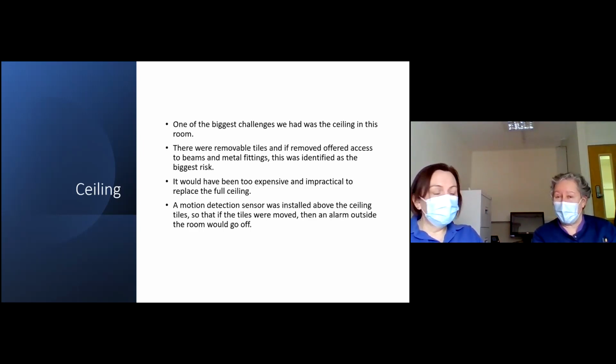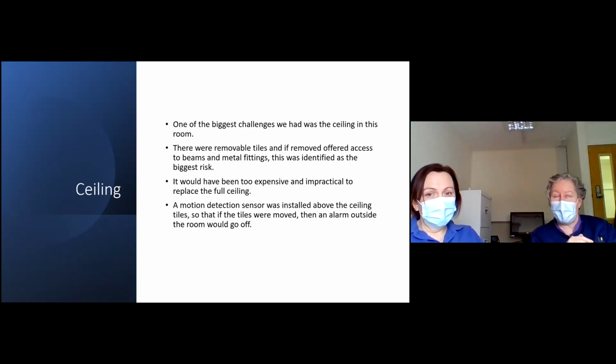We did consider different things. We looked at whether we could have sensors below the ceiling, but we felt that probably wouldn't work because they'd be visible, and if somebody was determined, they could disarm it or remove it. So we wanted something that wasn't visible, hence the motion detector above the tile, set just a couple of inches above it.